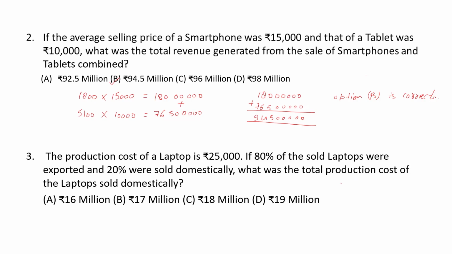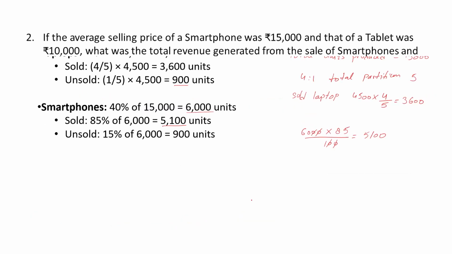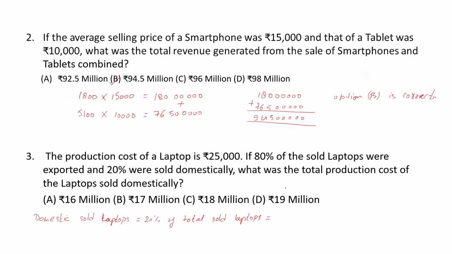The first thing you have to compute is how many laptops were sold domestically. So, let me write it again. 20% of the total sold laptops. Now you have to see how many laptops were sold. How many were sold? 3,600, right? So 20% of 3,600 is equal to 720.